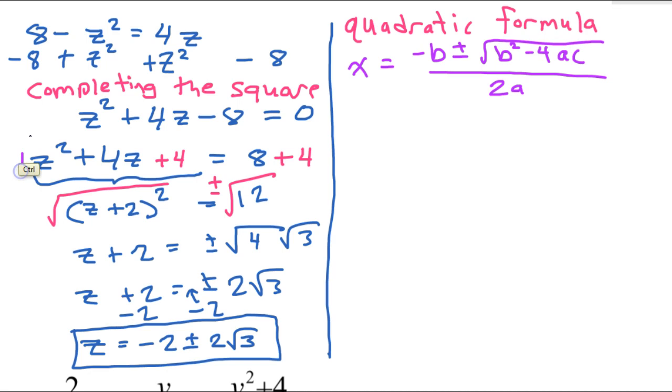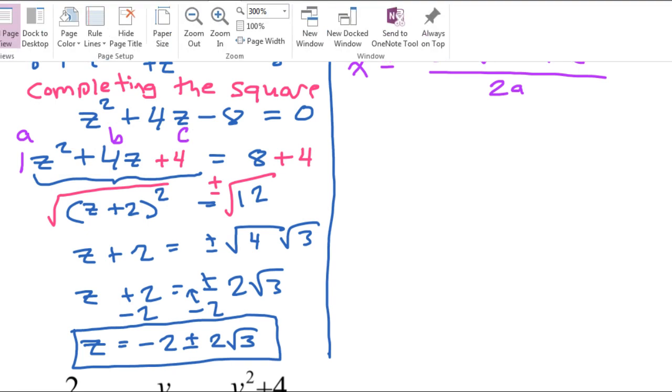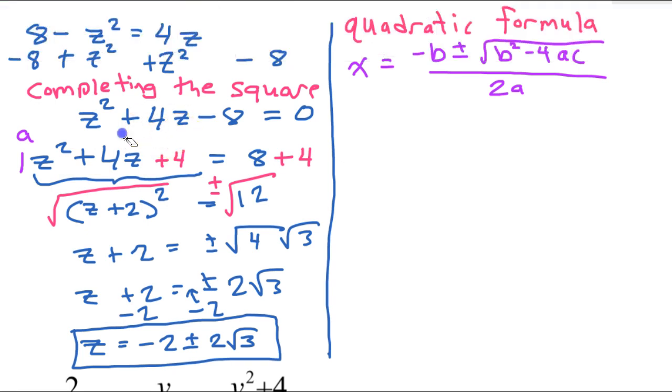And in this case, a is 1, and b is 4, and c is also 4. No, I was already completing the square. I apologize. Let me just undo that real quick.